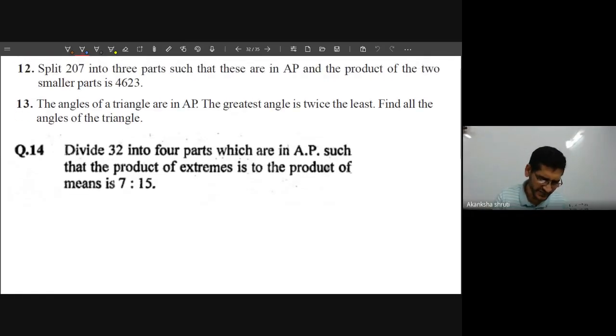So student, to feel that it is convenient, let me take another question that I am going to frame.